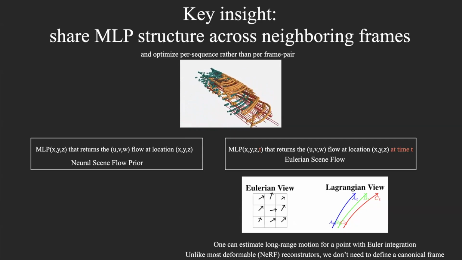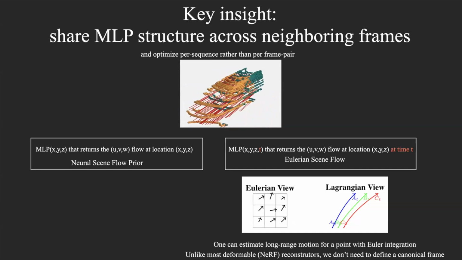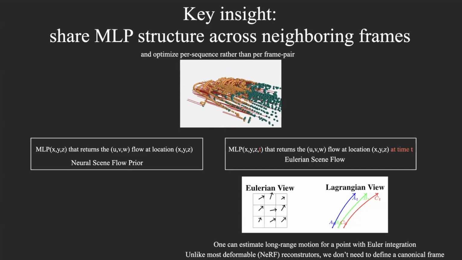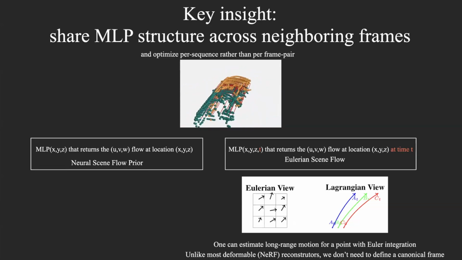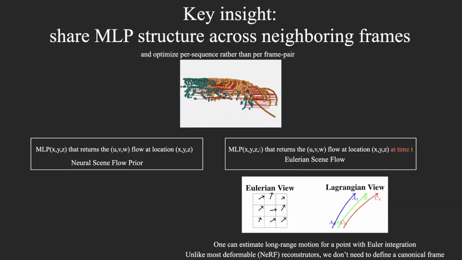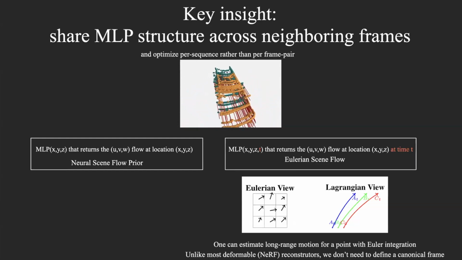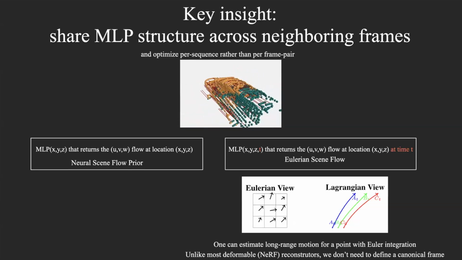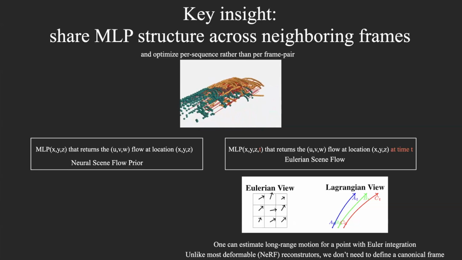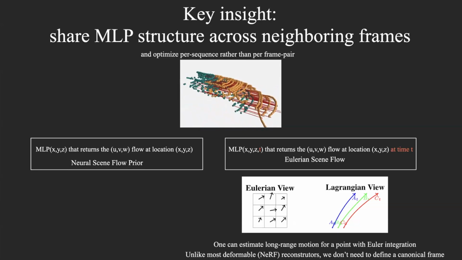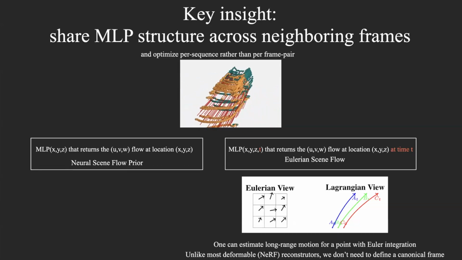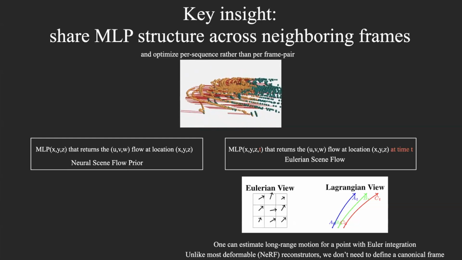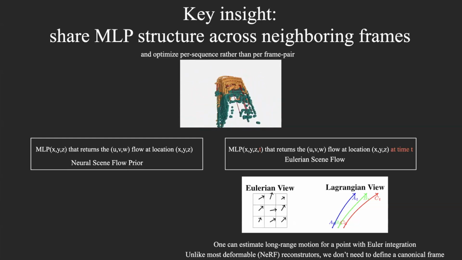One is I think this is different from the typical way we see motion modeled for neural reconstruction with NeRFs or splats. Usually you have some canonical frame that represents the structure of the world, and then you learn a deformation model from that canonical frame. There's this notion from the simulation literature of two different approaches to talking about motion. One is Lagrangian, which is more particle based: you have a particle in some canonical state, and you track how it moves.